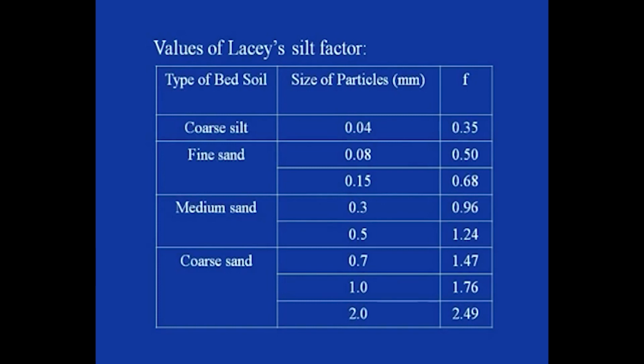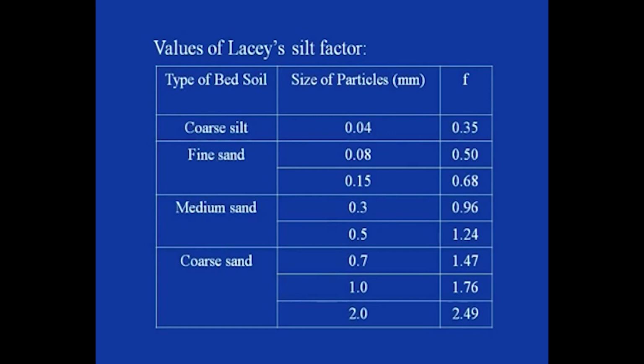Now, in this slide 4 types of soils are there. In the subsequent one we have some more types. So, for example, if the type of bed soil is coarse silt, then the size of the particle is of the order of 0.04 millimeter, and if this condition is prevailing at the site, you can pick the value of F as 0.35.